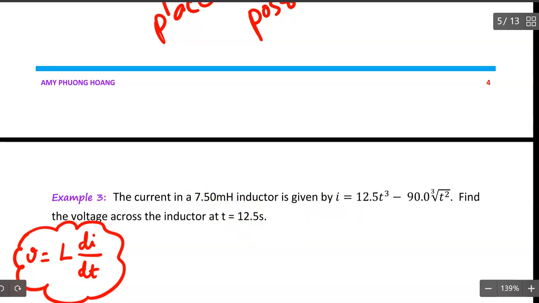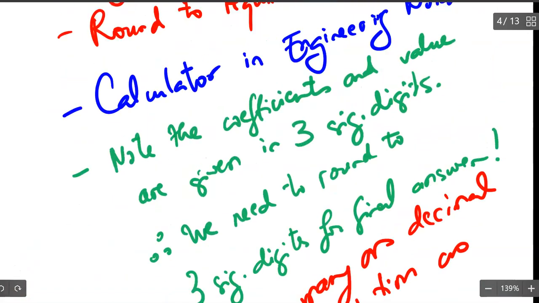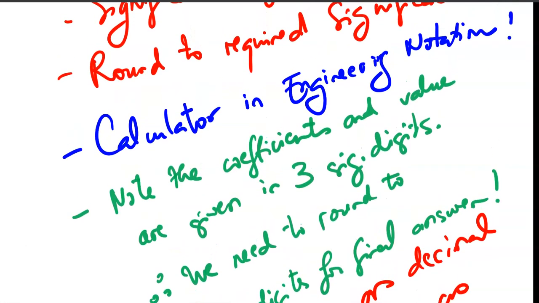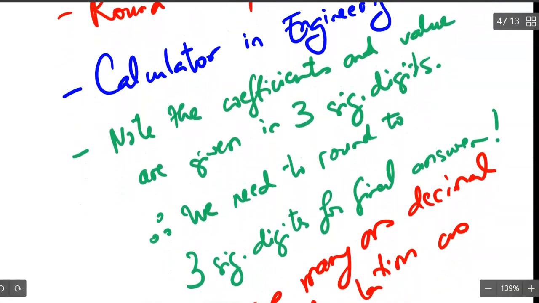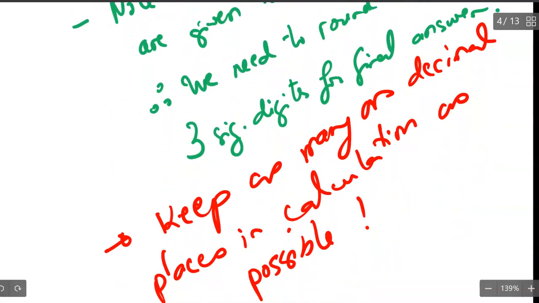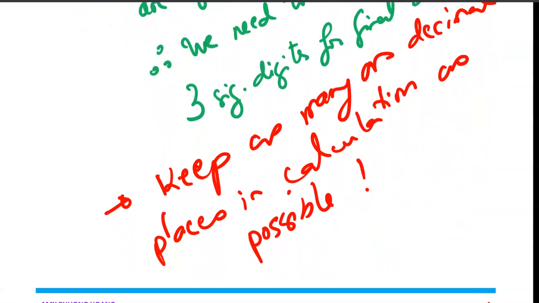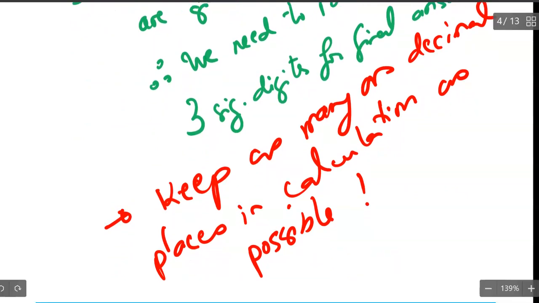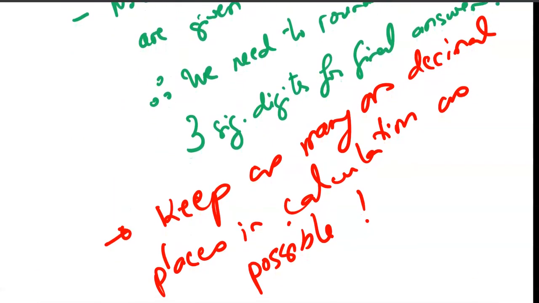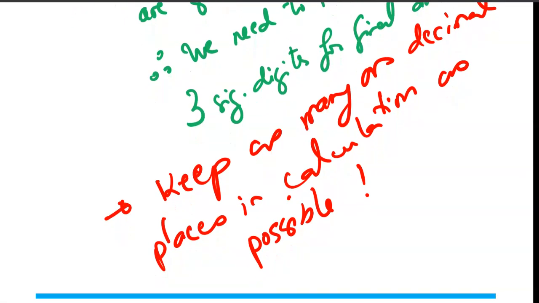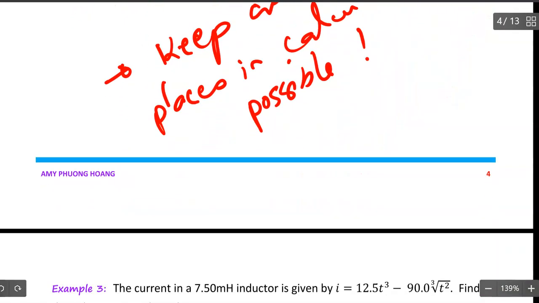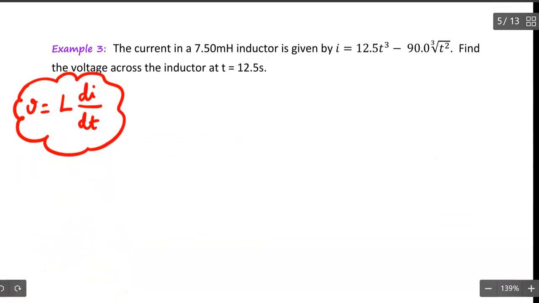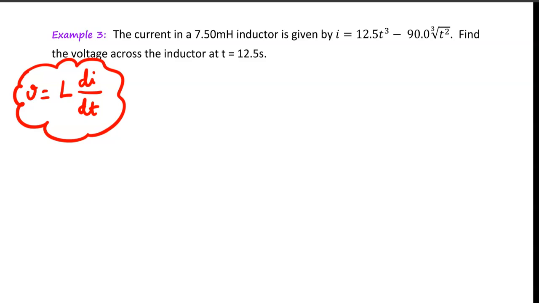And put your calculator in engineering mode, in engineering notation. In order to have a number as precise as possible for the significant digits, you need to work with as many decimal places as possible. Just keep those decimal places in your calculator, to maintain the precision when you round to certain significant digits.